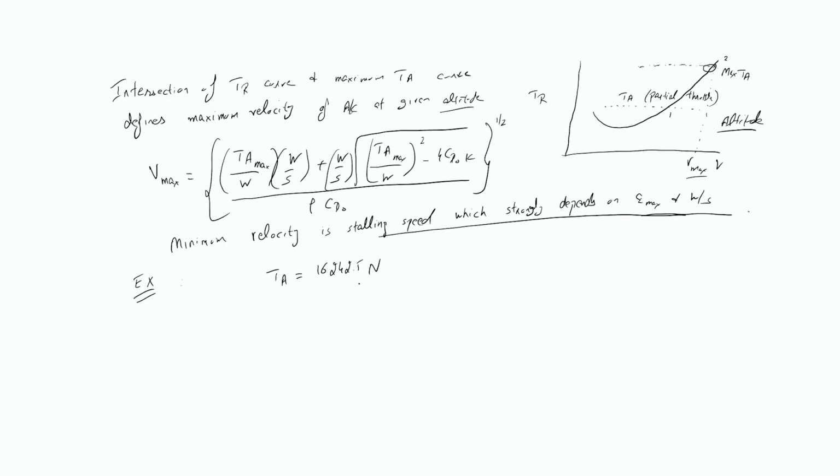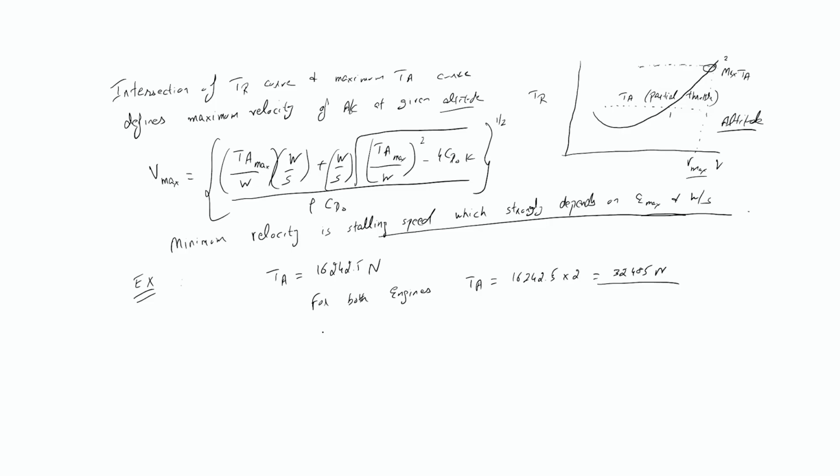So for both engines, we can write thrust available equals 16,242.5 into 2. So this becomes 32,485 newtons.